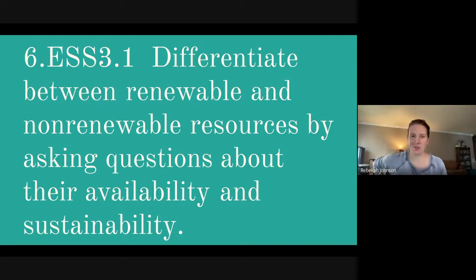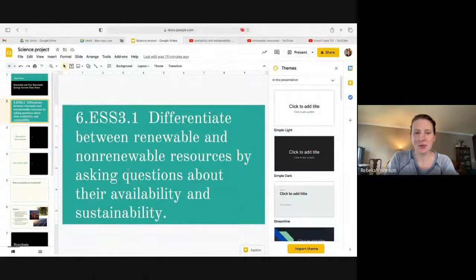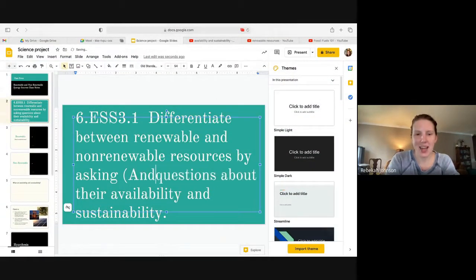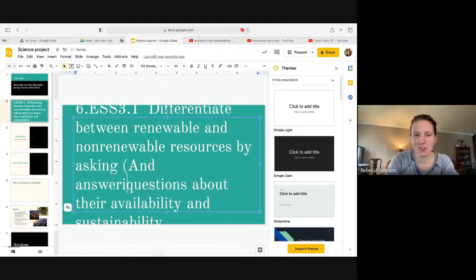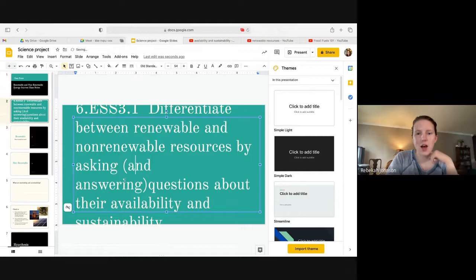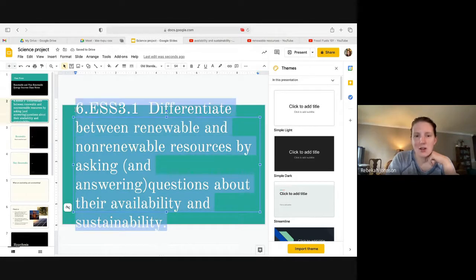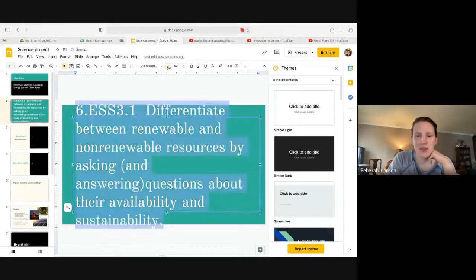I am not the biggest fan of how this standard is written because it really should say asking and answering questions. However, this is the official standard. You know what? I'm going to add a little bit to it. And answering. Shh, don't tell. I made the standard a little better. Okay, so asking and answering questions about availability and sustainability.